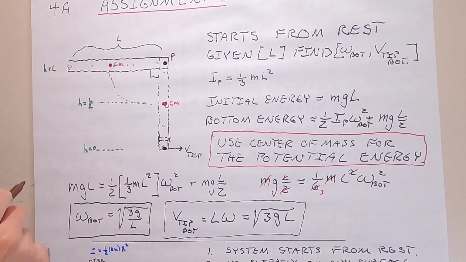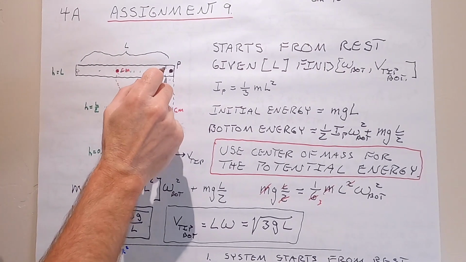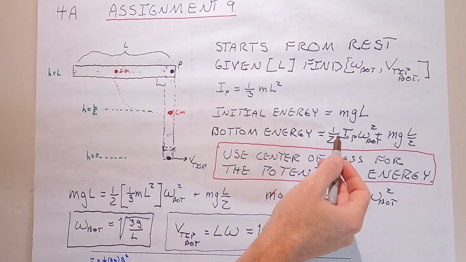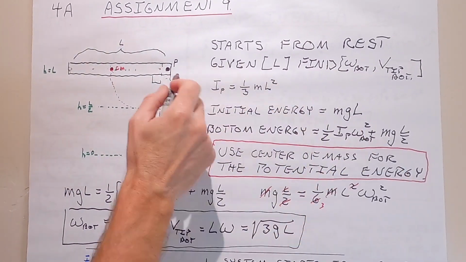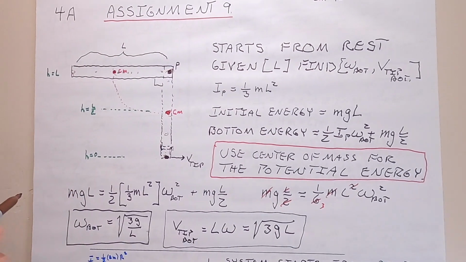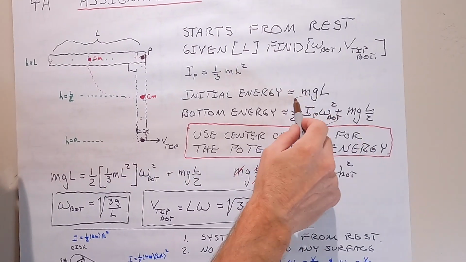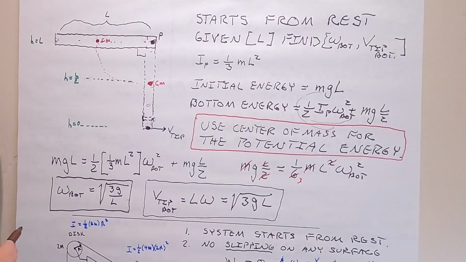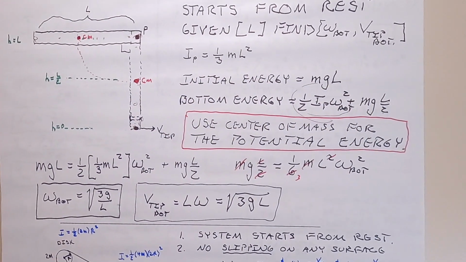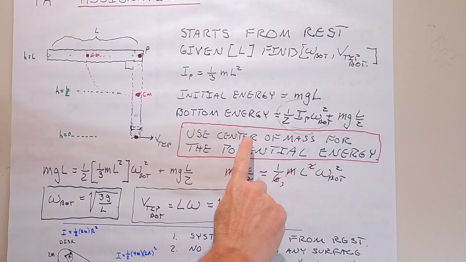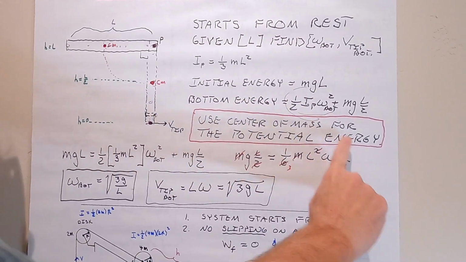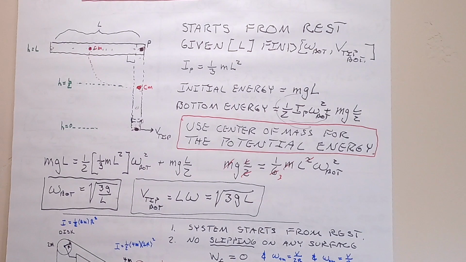This point isn't moving. If this point were also moving, then you'd also have to add a 1/2 m times the velocity of that point squared. But that point is fixed. So all we have is the rotation about that point and the potential energy. Again, I said use the center of mass for the potential energy. That's big.